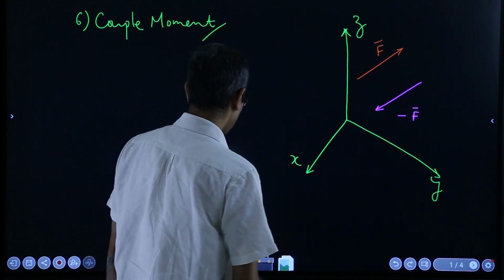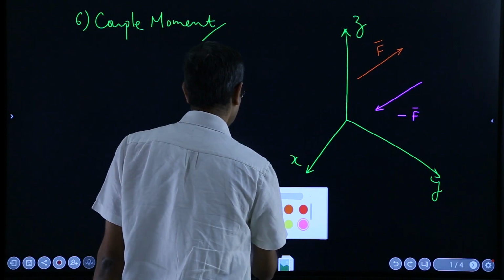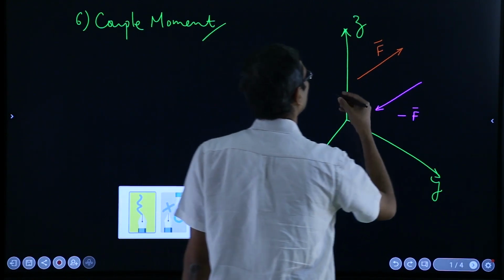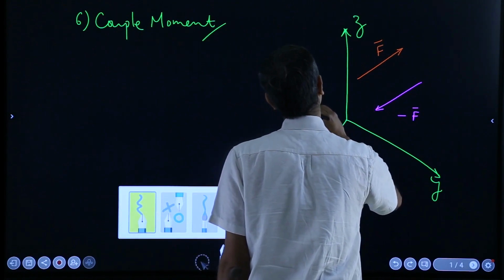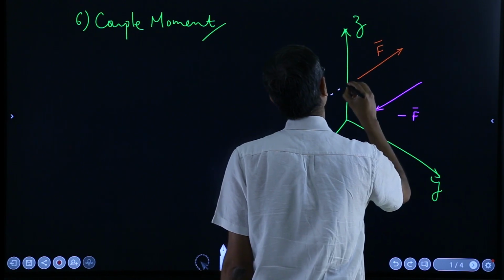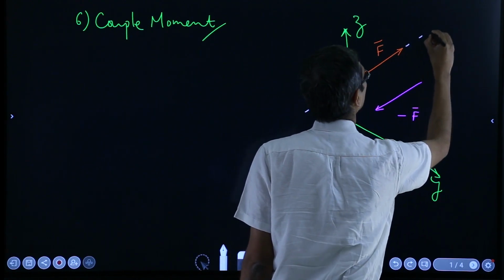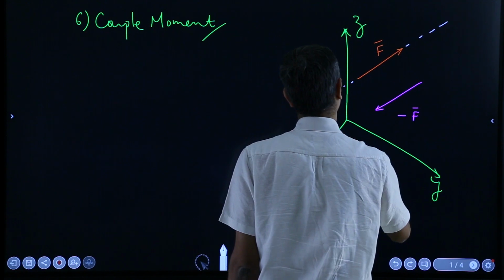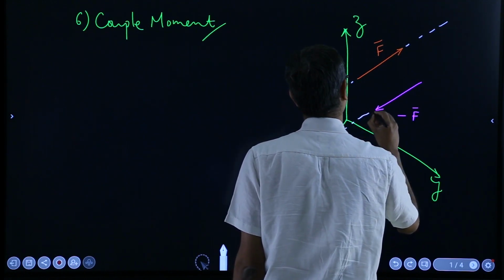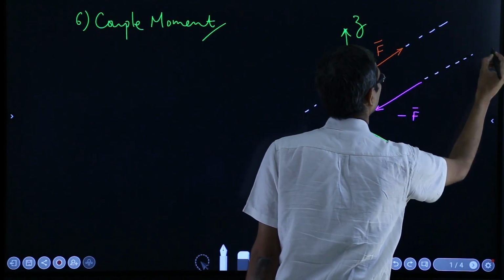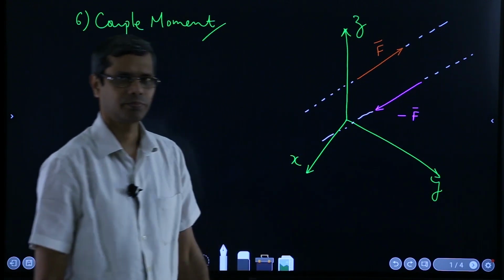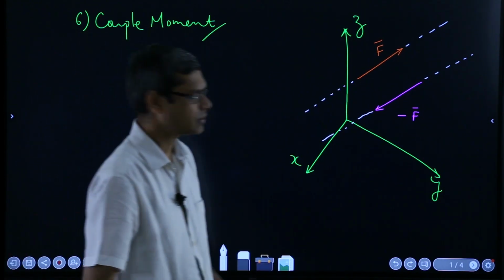Now one more point, you can have them anywhere on their line of action. It is not necessary that they should be like this side by side. They can be, these lines are bad.